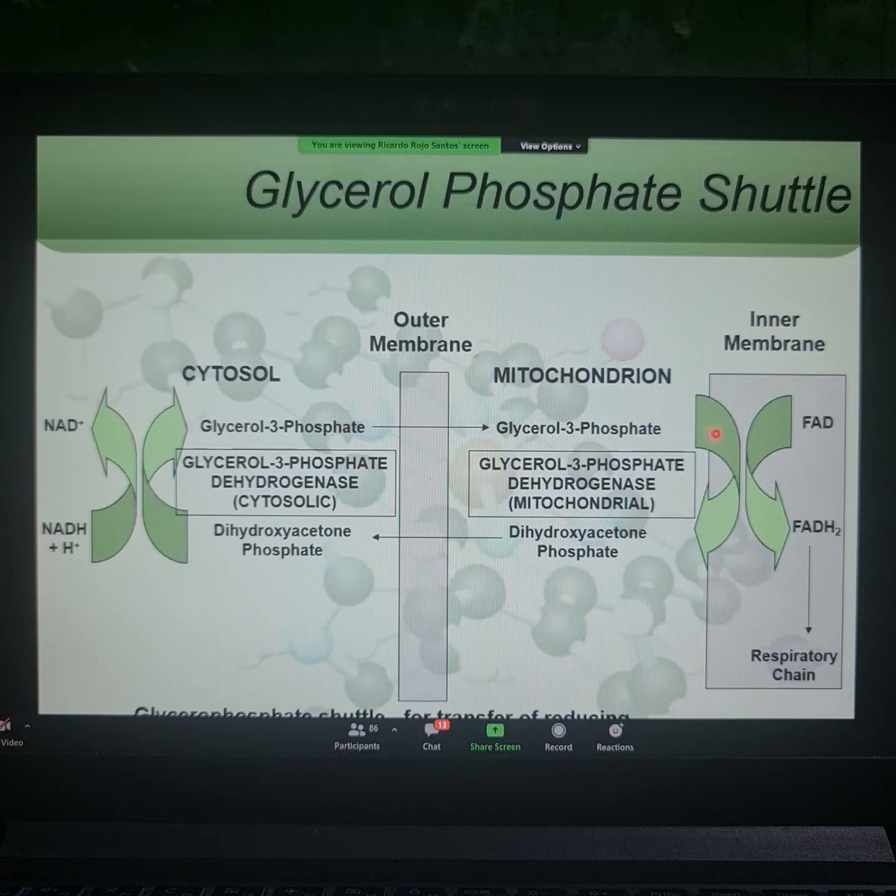Glycerol 3-phosphate will be converted back to dihydroxyacetone phosphate, which will diffuse back to the cytosol, while the electrons carried by glycerol 3-phosphate will be transferred to FAD, forming FADH2. And FADH2 will go to the electron transport chain. At what protein complex? Complex 2. Okay? And what is the P/O ratio for FADH2?